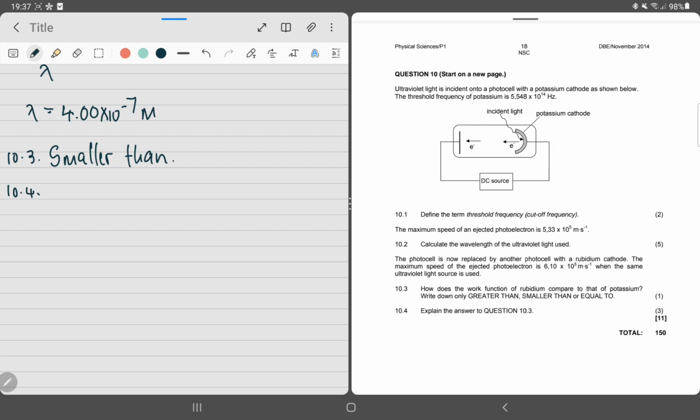So now we just have to explain. So we know that energy should be equal to the work function plus EK max. E is given as h and frequency. So now we are still using the same ultraviolet light, which means the frequency does not change.